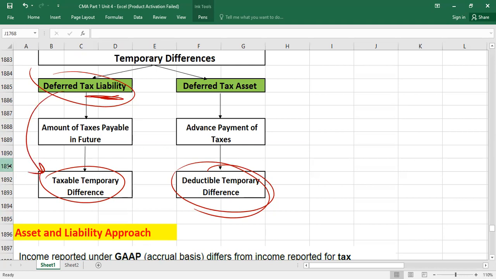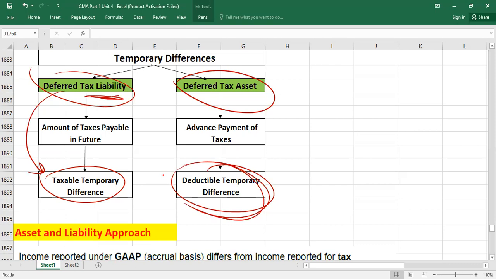Don't use only the word temporary difference. The proper term is: any difference due to which your liability will arise is called a taxable temporary difference. And any difference due to which a deferred tax asset will arise is called a deductible temporary difference.